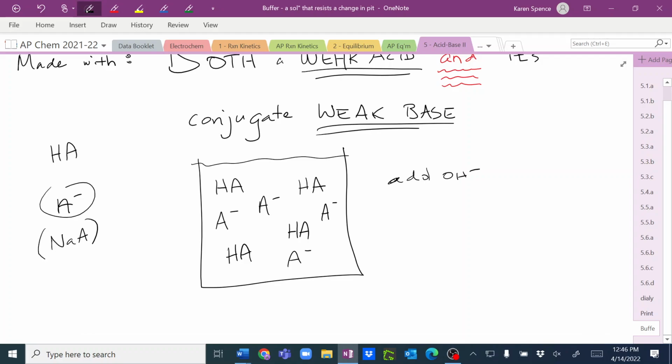That's going to react with my HA. Yeah, and that's going to then give me A minus plus H2O. So have we affected the concentration of hydronium very much, or hydroxide? No, because we had something for it to react with. If you add OH, there is a weak acid for it to react with.